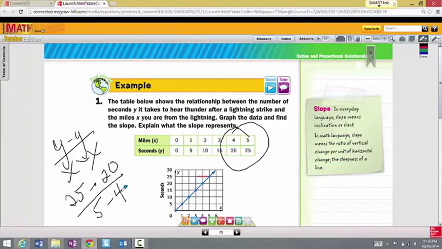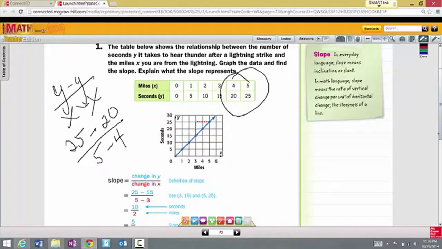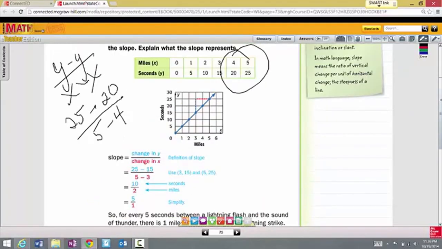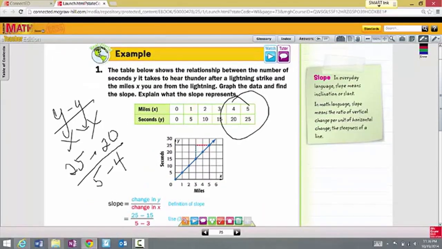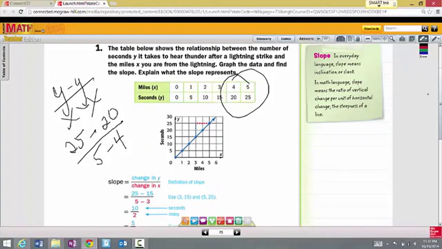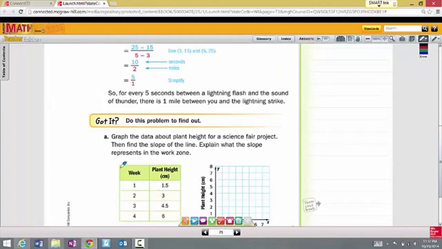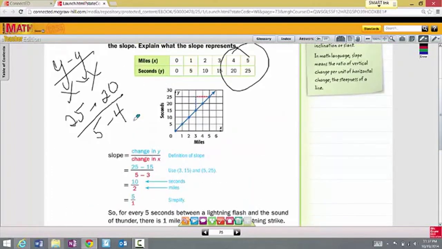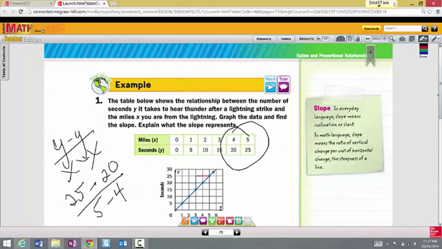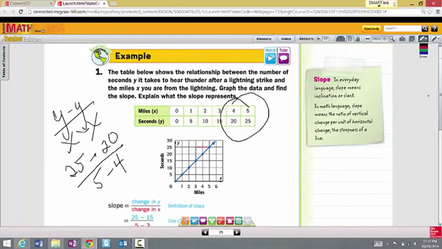And make sure that when you're starting with those points, you start with the same point. And make sure that you are showing all of your work. Okay? So 25 minus 20 is 5 over 5 minus 4 is 1.